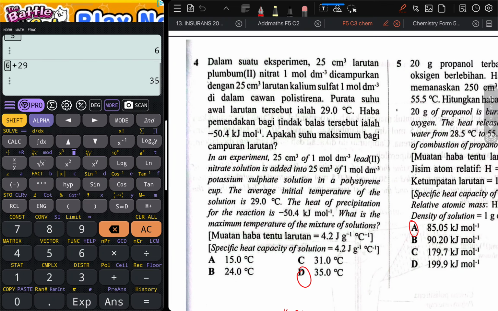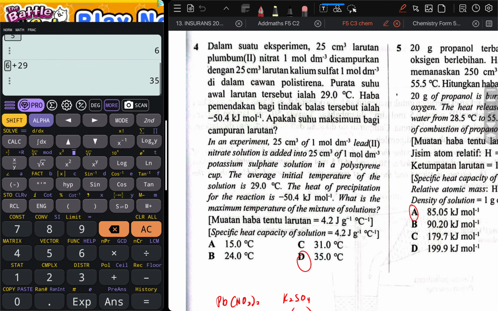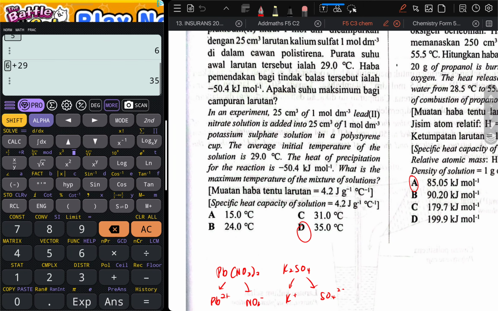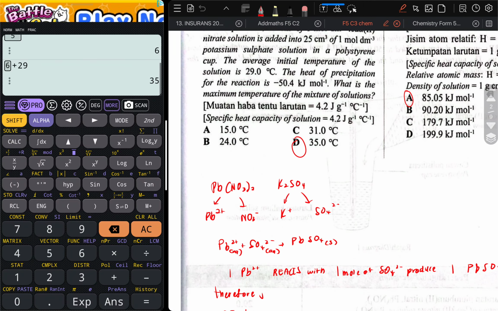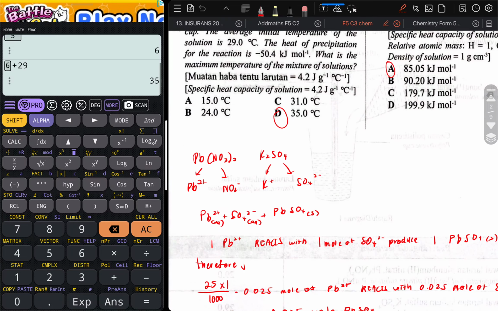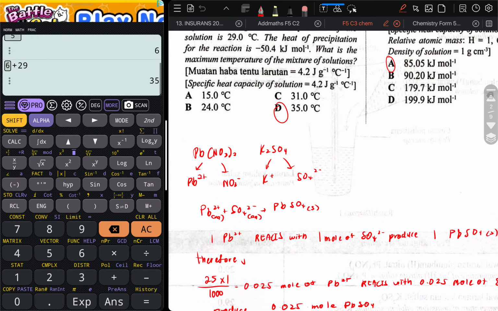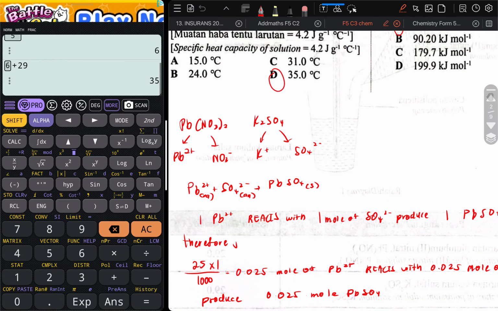You will produce potassium sulfate solution, and then you will produce a type of salt, I think. Yeah, it's a type of salt. This type of salt, for lead salt, it is not soluble.